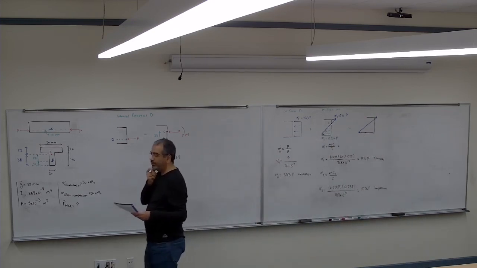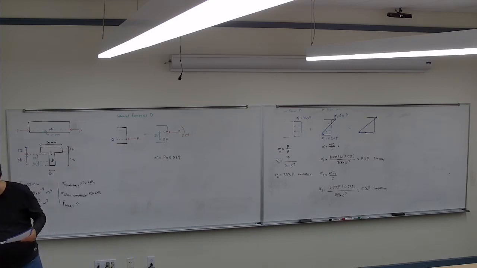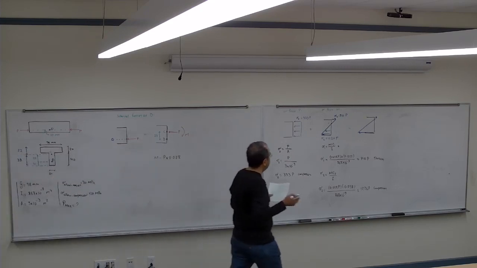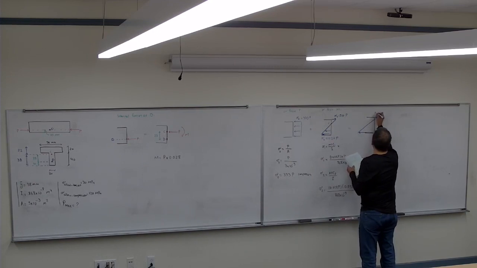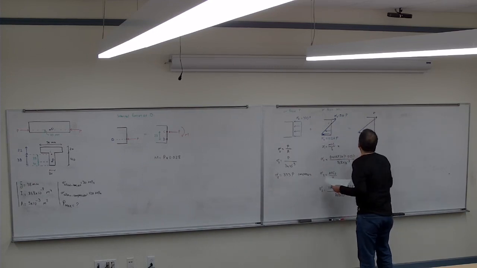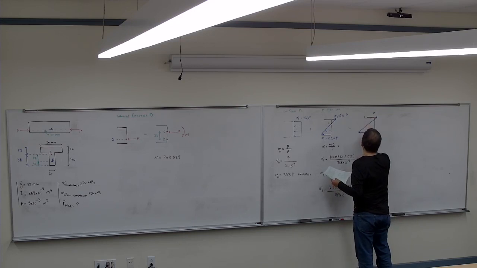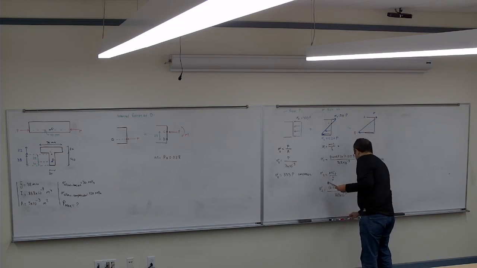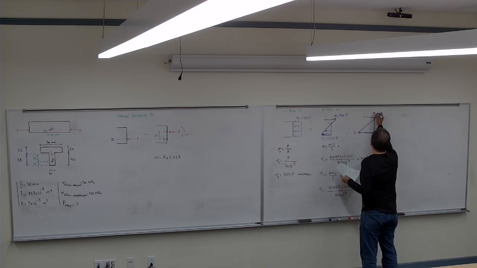So at the top, what do we have at the top? Assume I call here A, and I call here B. So sigma at A would be 710 minus 333.